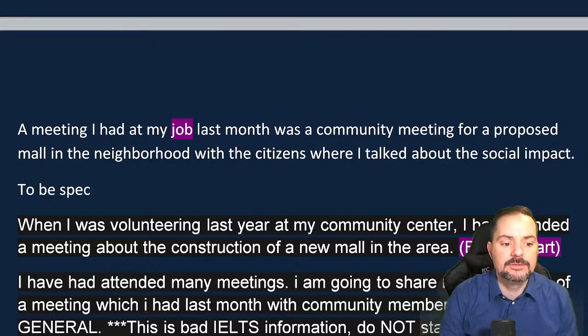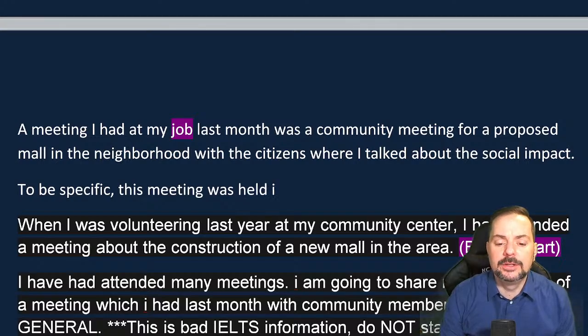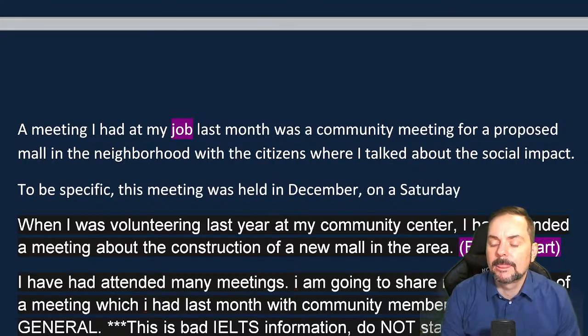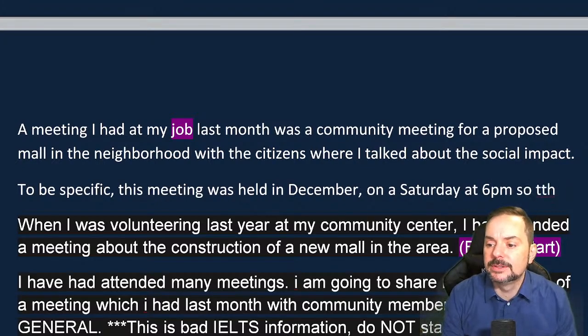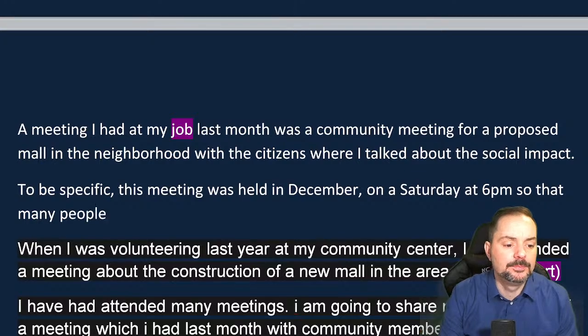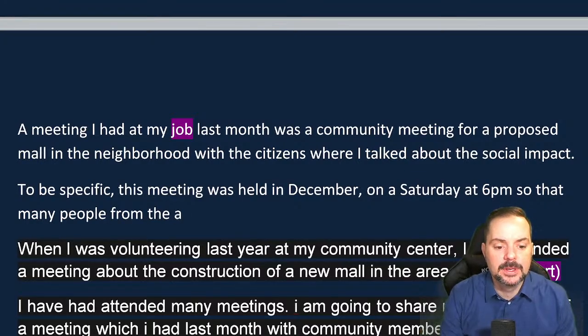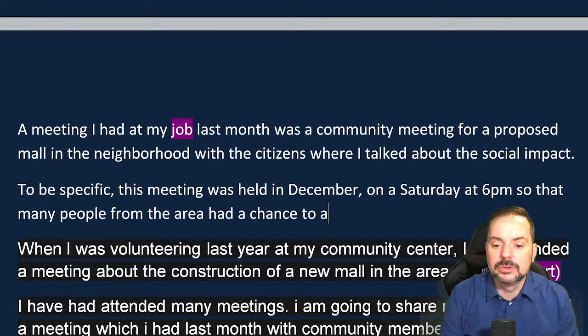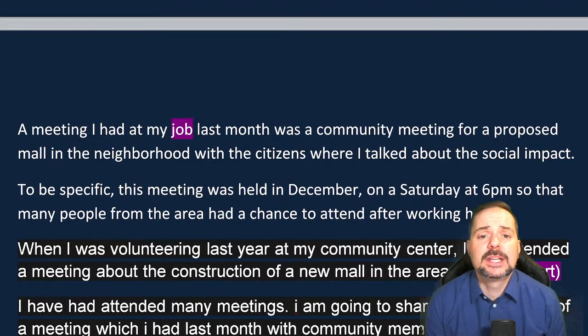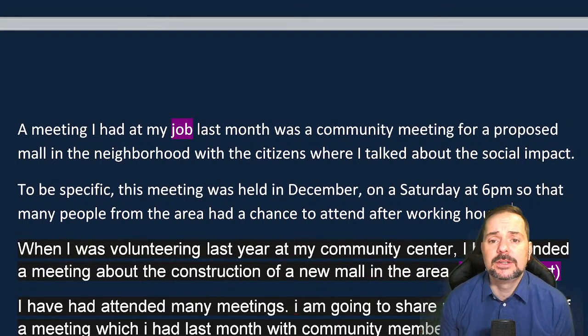To be specific, this meeting was held in December on a Saturday at 6 p.m. so that many people from the area had a chance to attend after working hours. It's not by accident that I said Saturday at 6. It's so that people can attend the meeting.